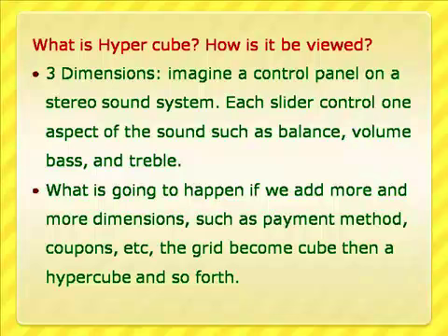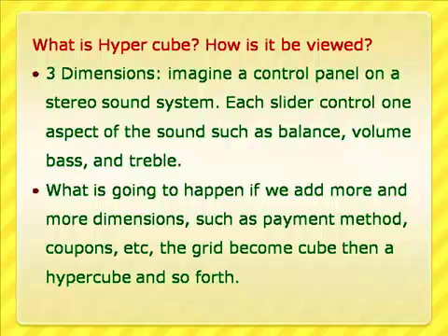Each slider controls one aspect of the sound, such as balance, volume, bass, and treble. All these are knobs which can be controlled. You can adjust the parameter values. In a similar way, if you have more than 3 dimensions, you can map this higher dimensional data into a two-dimensional grid in this manner.